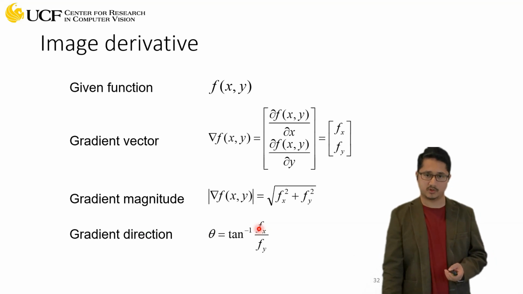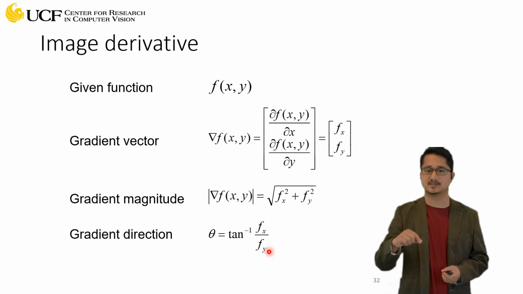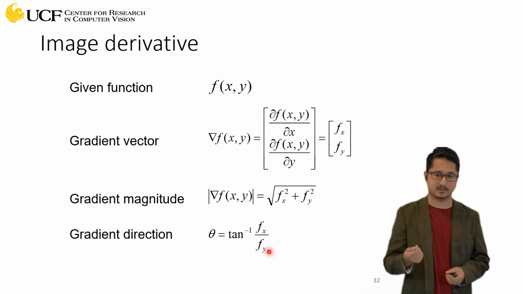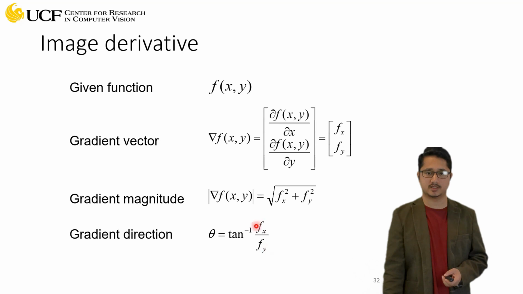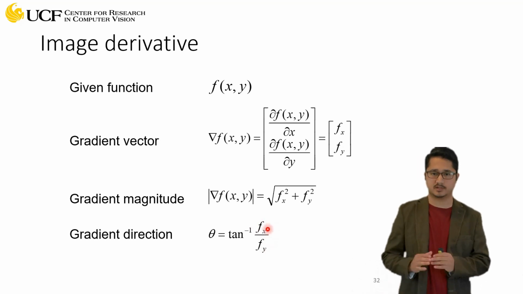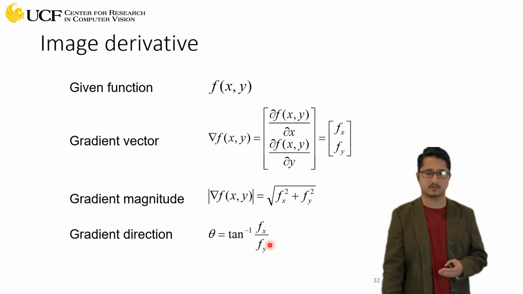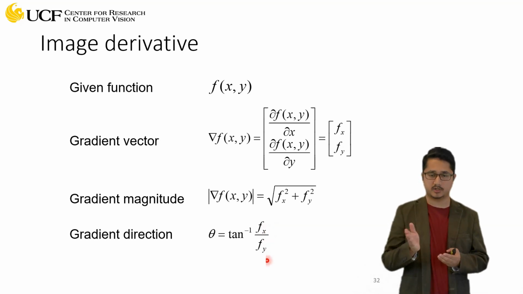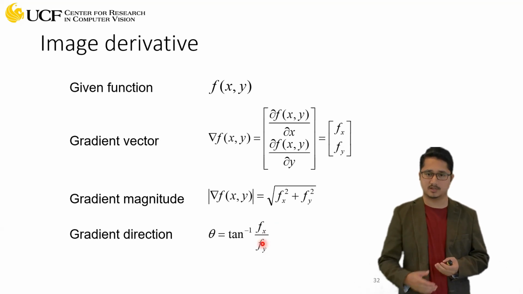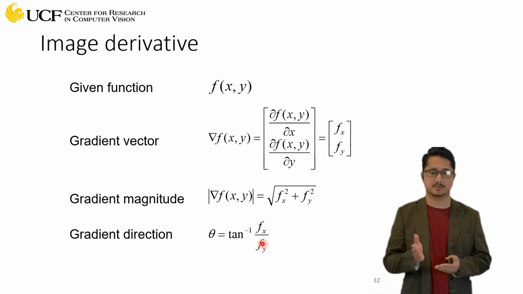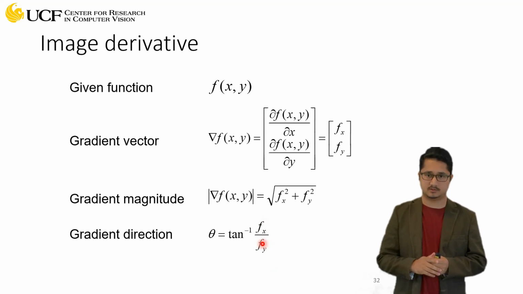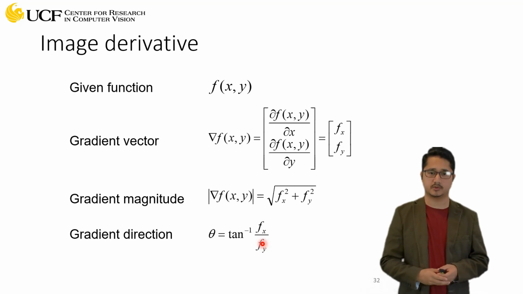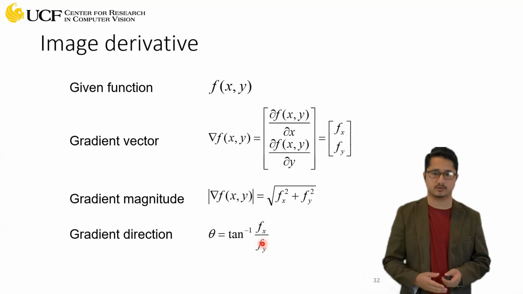If you have the orientation using Fx over Fy, you can easily subtract that from 90, if it's in degrees, and that will give you the value you get using Fy over Fx. So it's just a representation. If you're computing Fx over Fy, you're computing the orientation with respect to the y-axis, and if you compute Fy over Fx, it will be the orientation with respect to the x-axis. That's the only difference. It doesn't matter how you compute it, but whatever you do, be consistent in all the steps throughout your algorithm.